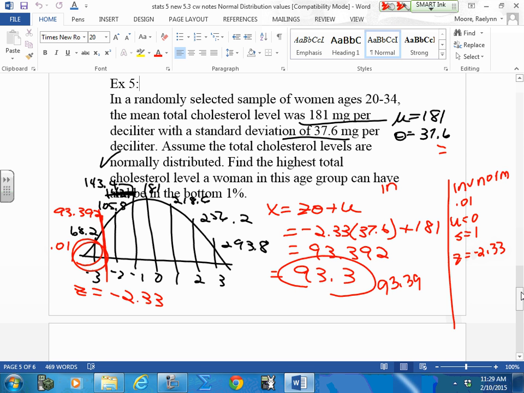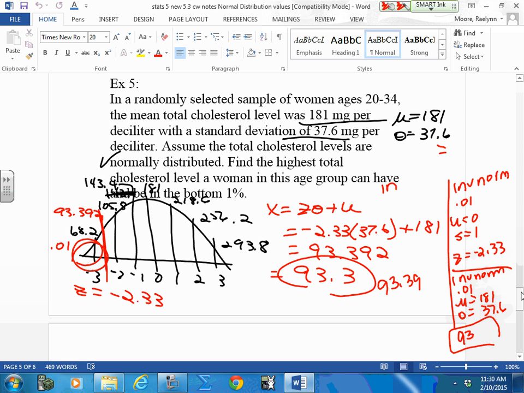We could say inverse norm, 0.01 is your area, but your mean is 181, and your standard deviation is 37.6. Try that. Tell me if you get 93.39, something like that. This will find your X value.